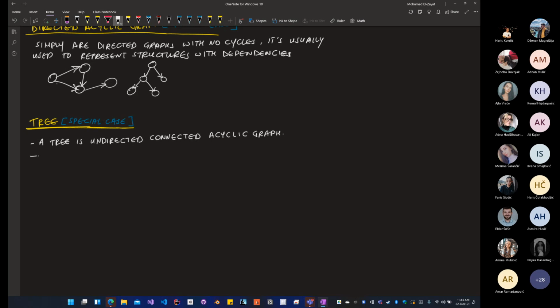So a tree is a graph. It is a graph which is minimally connected.